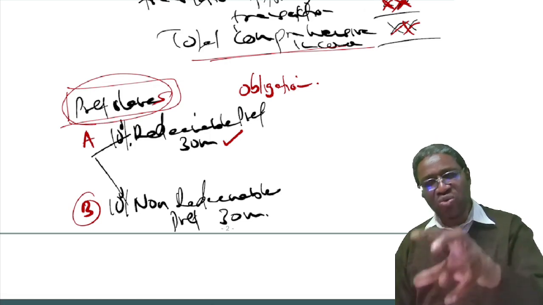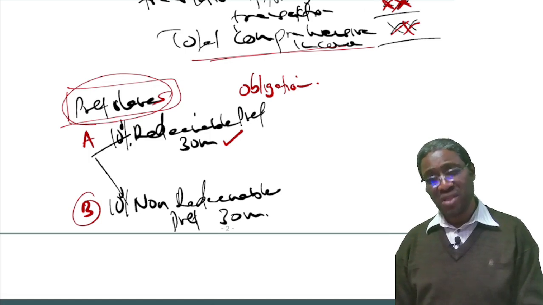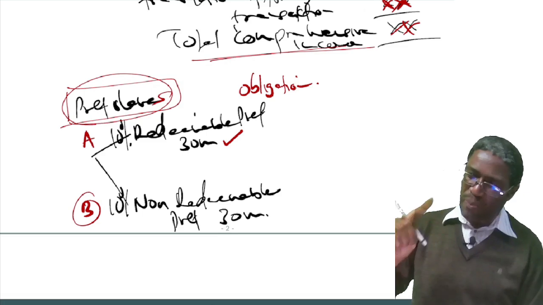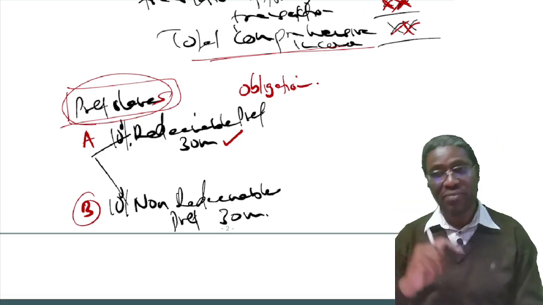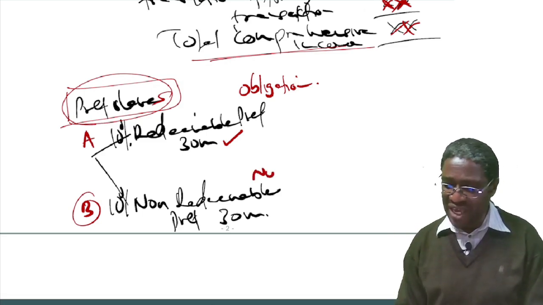When they issued a 10% redeemable preference share, then you as company A have an obligation to pay back that 30 million to the shareholders in the future, while company B does not have any obligation.